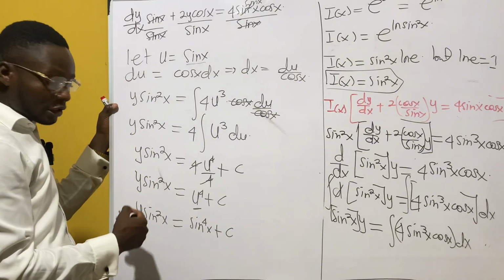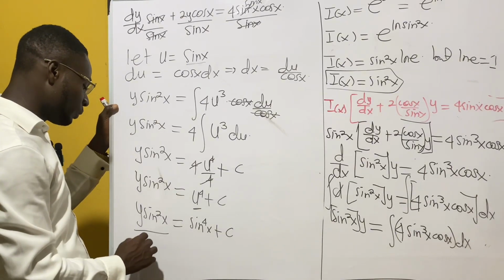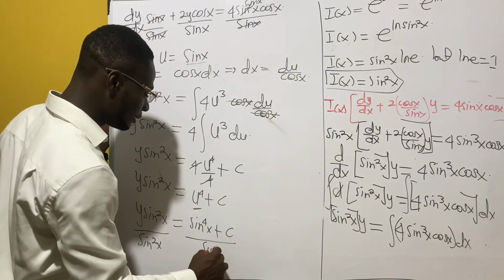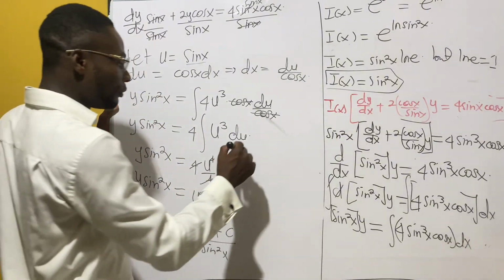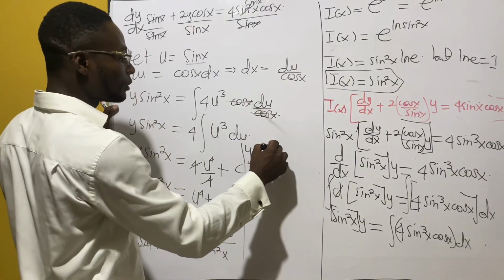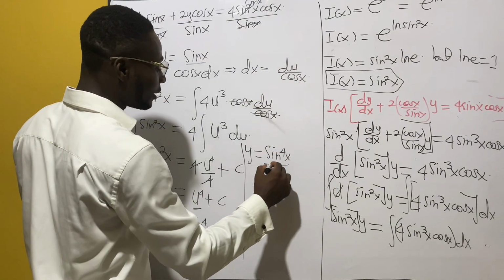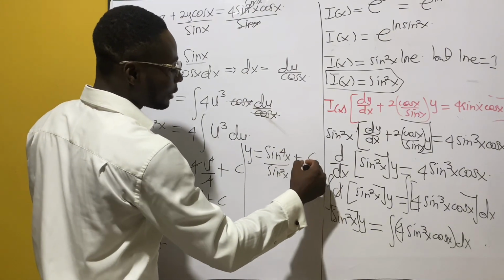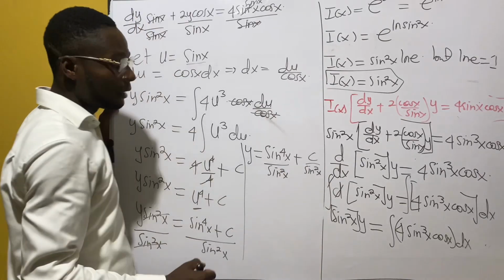So in our interest of looking for y, we divide both sides by sine squared x. So this takes off this, and then we finally have y equals sine power 4 x over sine squared x plus c over sine squared x, right?